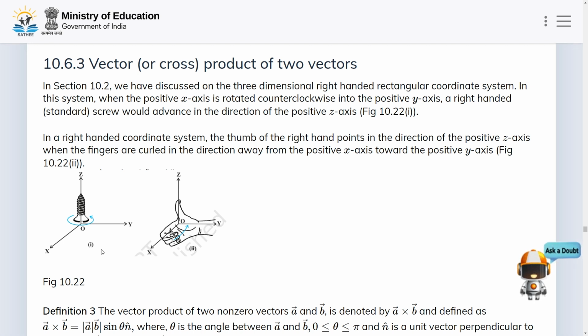As you can see in this diagram, you are moving your positive x-axis into the direction of your positive y-axis counterclockwise, meaning anti-clockwise.